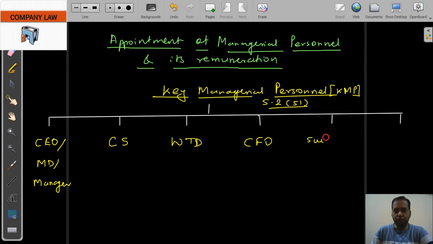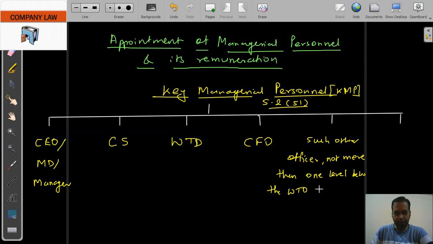then such other officer not more than one level below the whole-time director as designated as KMP.